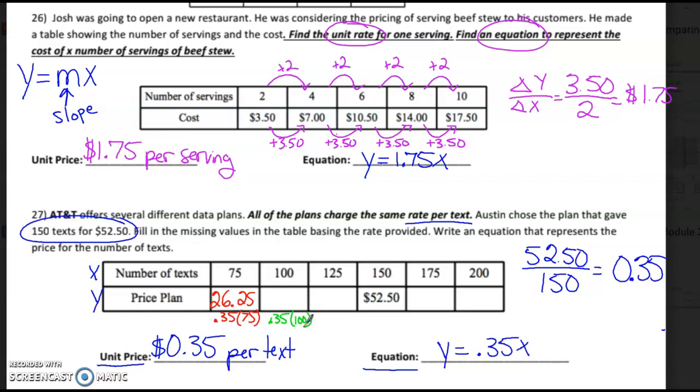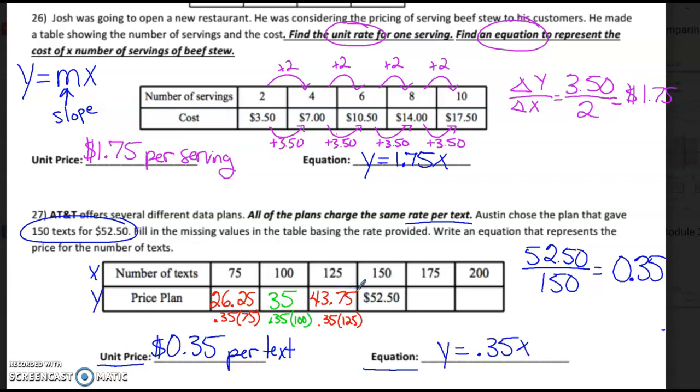Using our formula, 35 cents times 100 texts is going to equal $35. Now, 125 texts. We're still going to use our equation, 0.35 times 125, and that tells us it is $43.75.